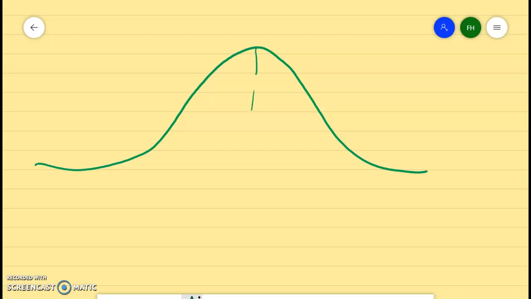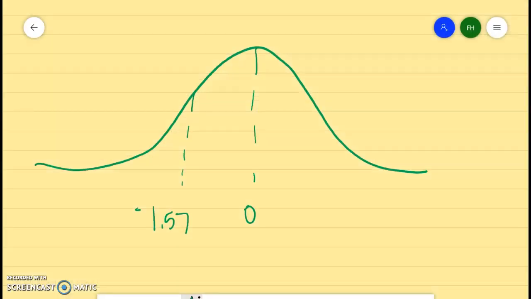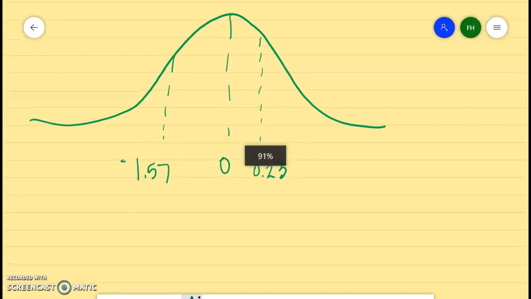Here's 0. Negative 1.57 is to the left of 0, so a smaller number. And then 0.23 is going to be somewhere to the right of 0. It's our larger z value.